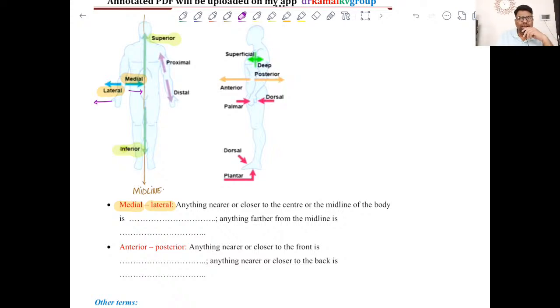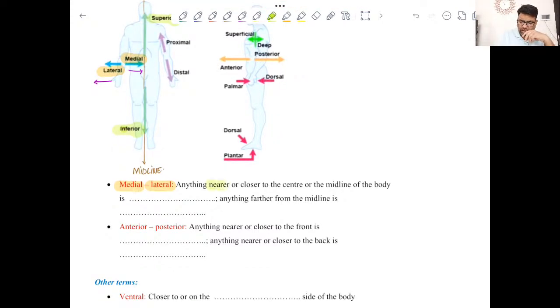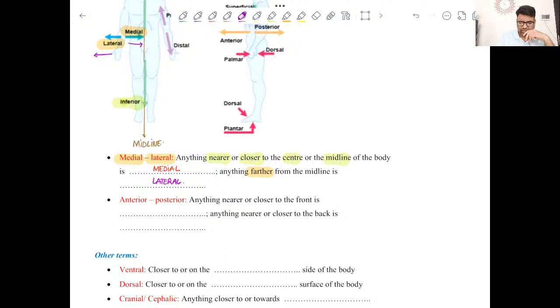Clear? So medial means closer to the midline, lateral means away from the midline. So anything nearer or closer to the center or the midline of the body, you will call it medial. Clear? And anything which is farther from the midline, you will call it lateral. Like we have two bones in the forearm, the medial one is ulna, lateral one is radius. Okay, so that is medial and lateral.